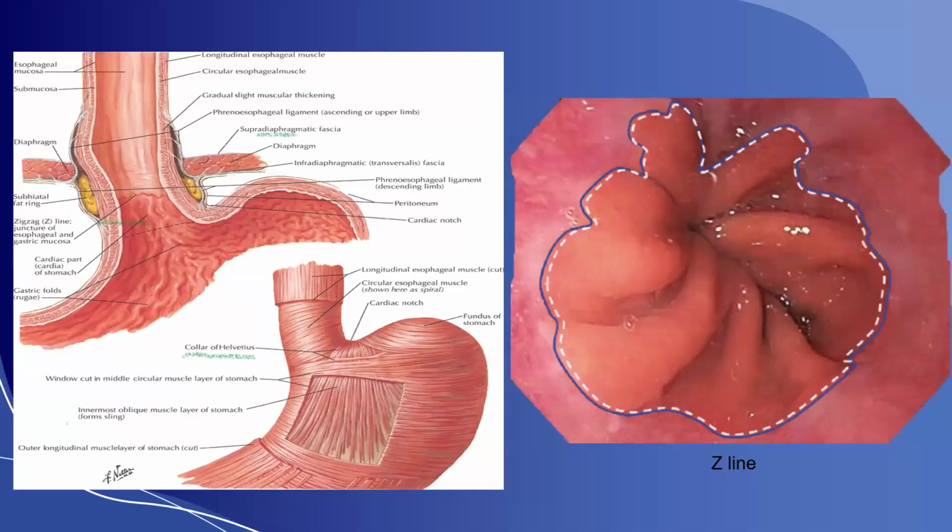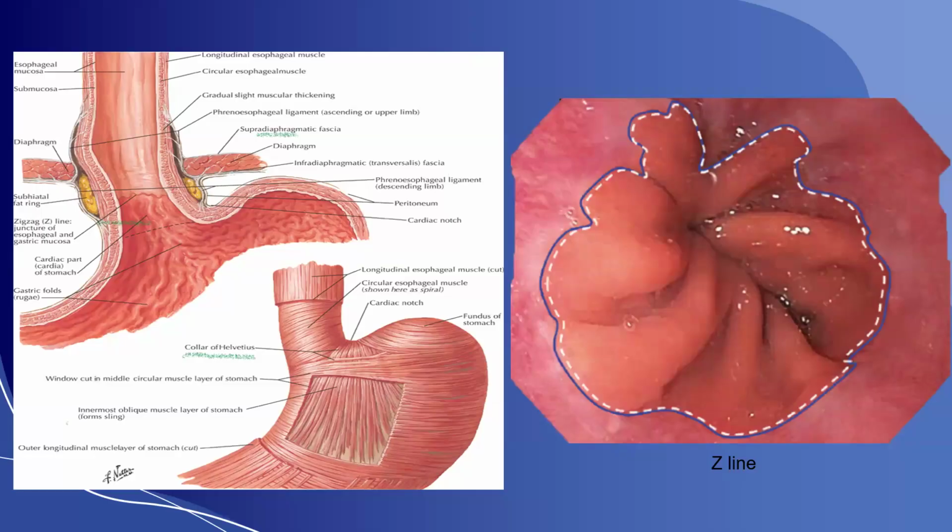As for the lower esophageal sphincter, it is a high pressure zone located where the esophagus merges into the stomach. The lower esophageal sphincter is a functional unit composed of intrinsic and extrinsic components. The extrinsic component is the diaphragm itself, which forms the esophageal hiatus and represents a channel through which the esophagus enters the abdomen.